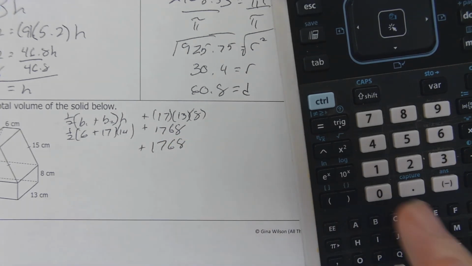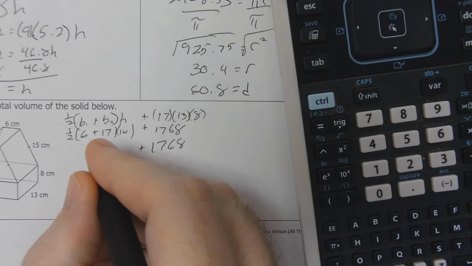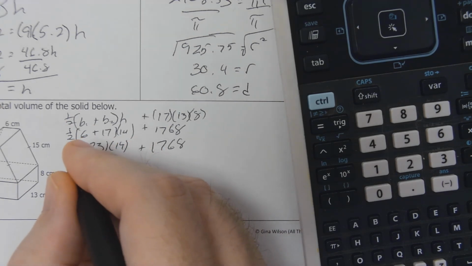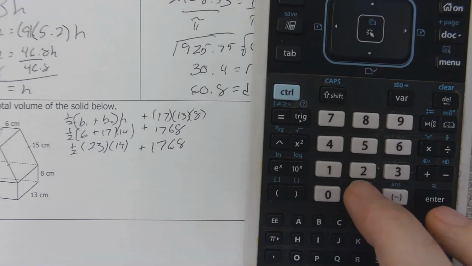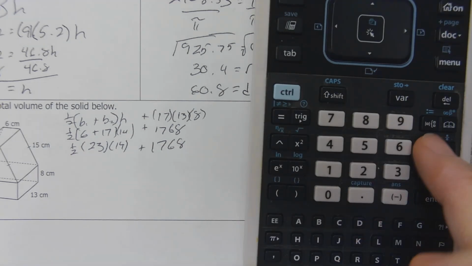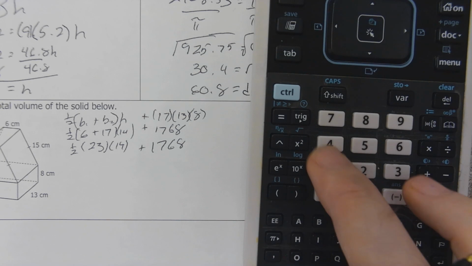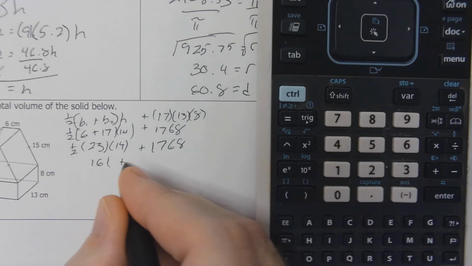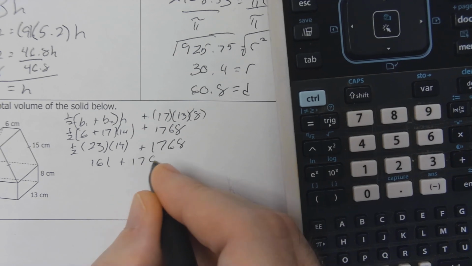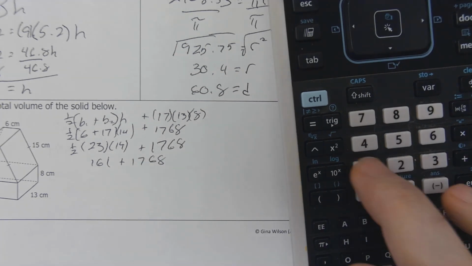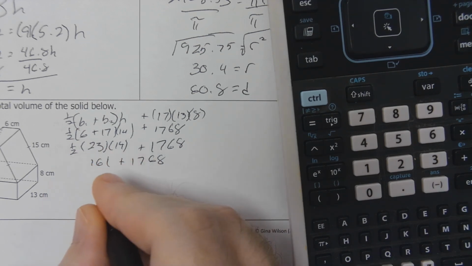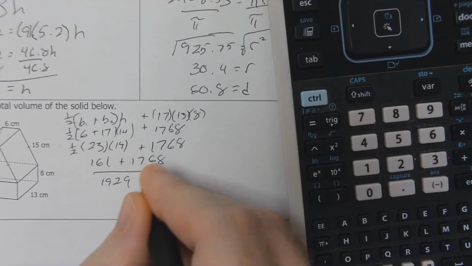Well, 6 plus 17 is 23. And so we do 0.5 times 23 times 14, and we get 161. We add that to the 1768, and we get 1929. And that's the final answer.